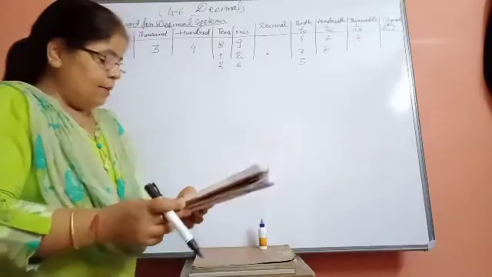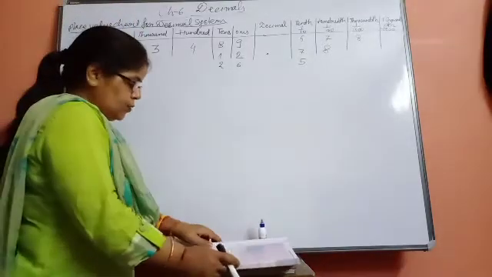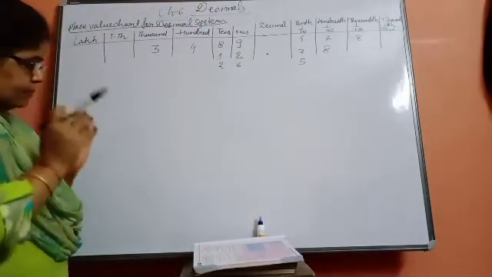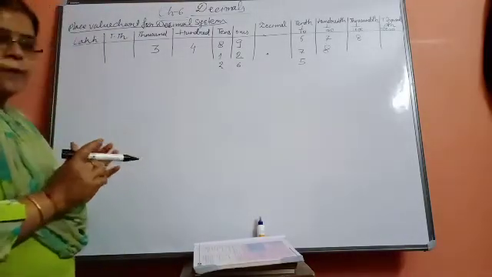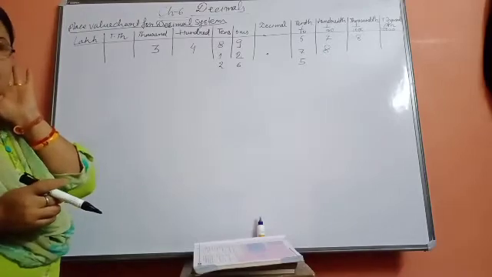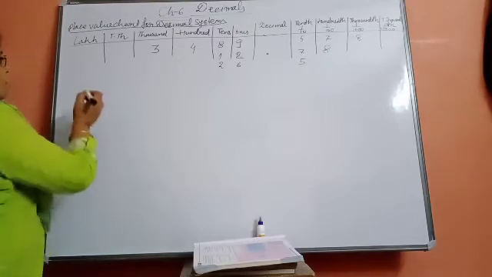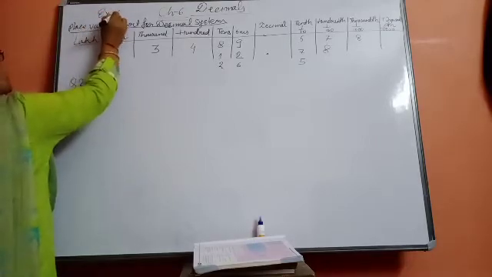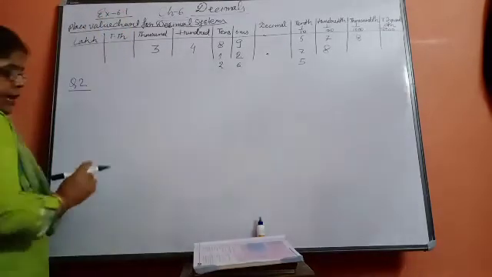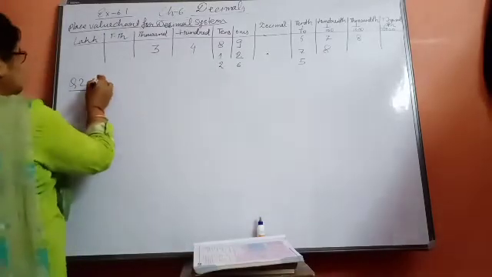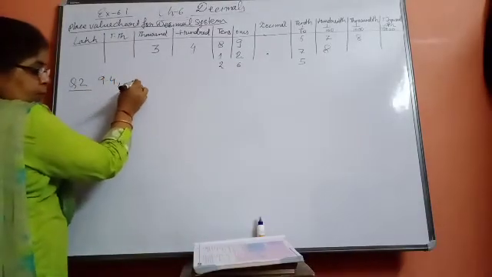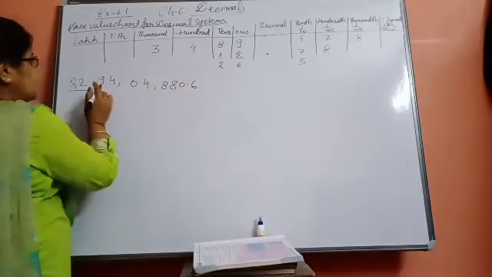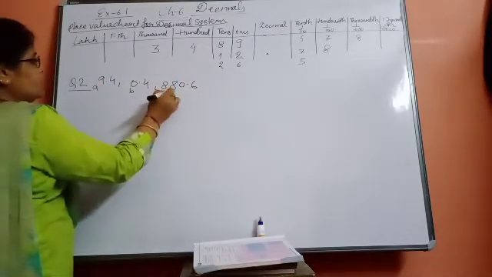Okay, now we are coming to question number 2. Okay beta, question number 2, see that: write the following decimals in a place value table. You have to write the given numbers in your place value table. Question number 2, exercise 6.1. See what the numbers are: 9.4, 0.4 and 880.6. This is the A part, B part and C part.